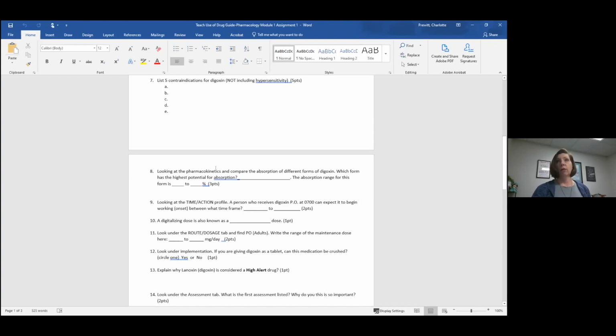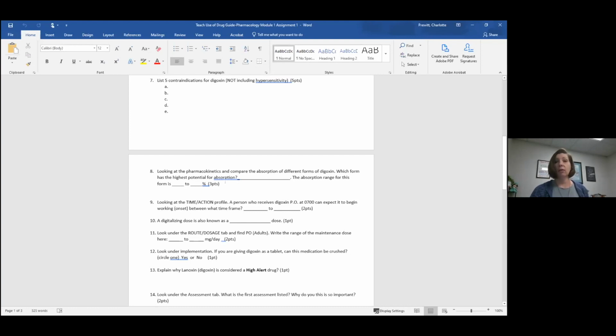What are the pharmacokinetics of digoxin? There are a lot of terms they're not familiar with that, by the end of this assignment, they've learned something about. Pharmacokinetics: how does that medication absorb, and how is it distributed in the body? So I ask questions regarding the absorption of it.